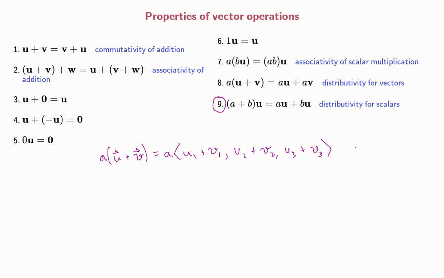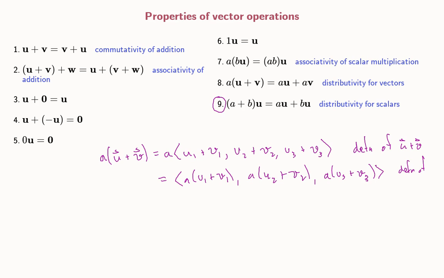So that's the definition of u plus v. Then by the definition of scalar multiplication, to multiply that by a, I'd multiply all of the individual components by a. So this is the definition of scaling.